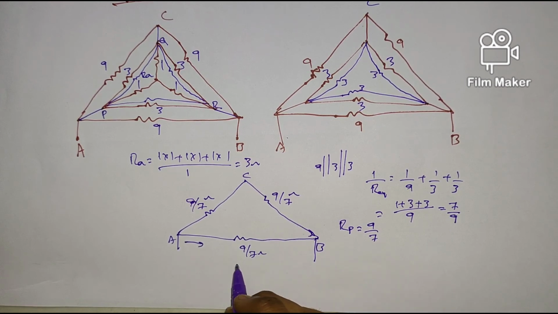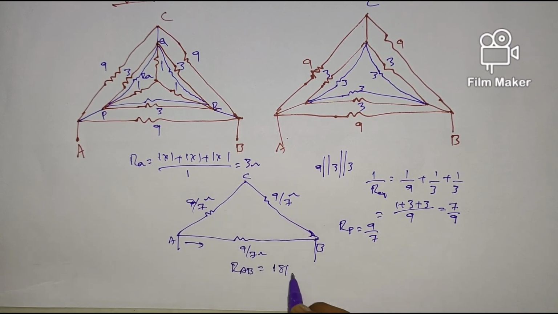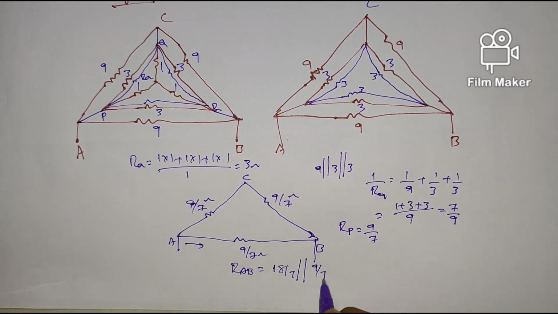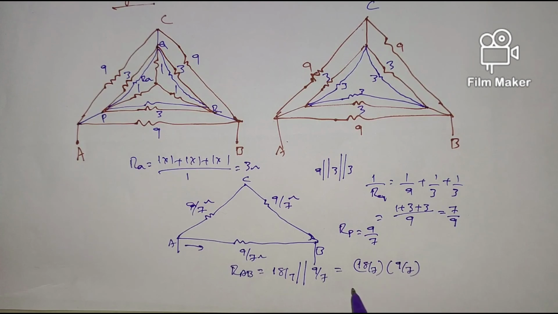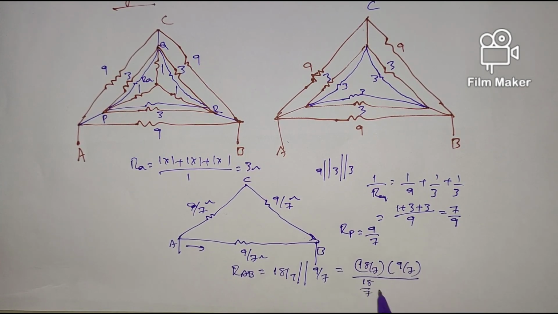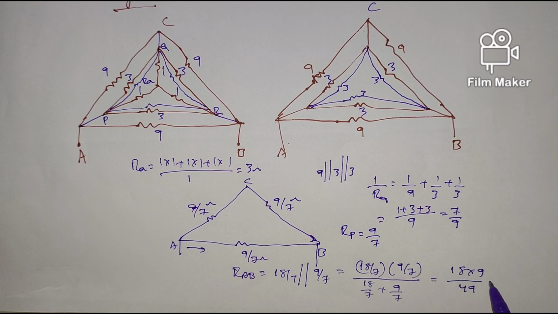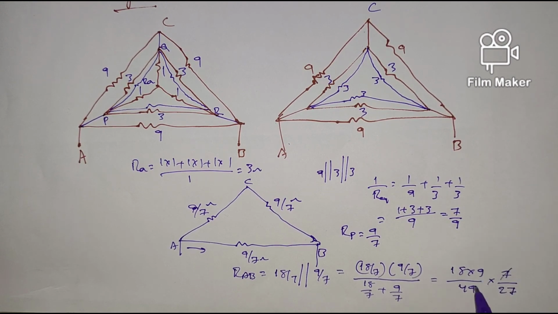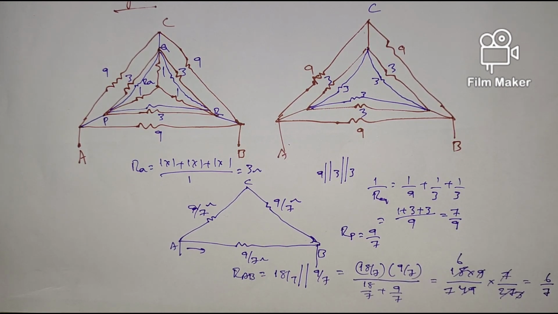So now RAB is equal to 18 by 7 ohms, which is parallel to 9 by 7, which is equal to 18 by 7 into 9 by 7 divided by 18 by 7 plus 9 by 7, that is equal to 18 into 9 by 49 into 27 by 7. Simplifying, that is equal to 6 by 7 ohms.